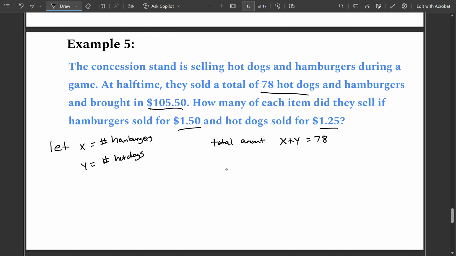The other equation is going to be the amount of money earned, and we're going to represent this equation using what we know the cost of each item is. So hamburgers were 1.5 times x, and hot dogs are 1.25 per hot dog. So it's 1.25 times y. And in total, they told us they made $105.50.